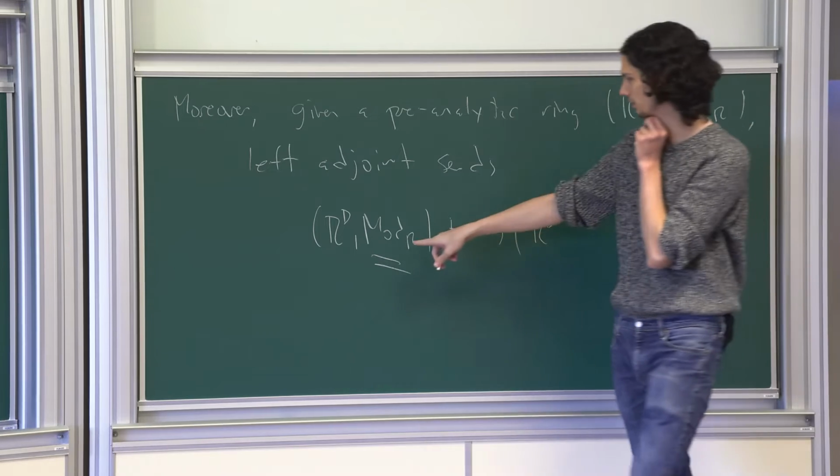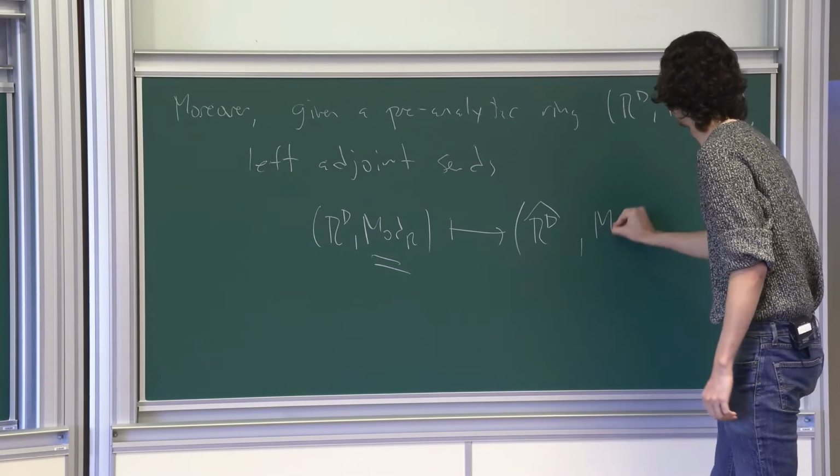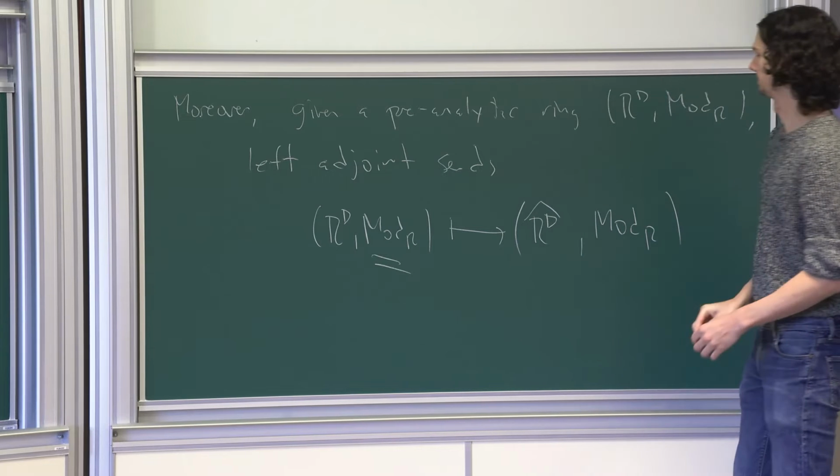So we apply the left adjoint to the inclusion from mod R into mod R triangle, and then we take, so to speak, the same mod R.